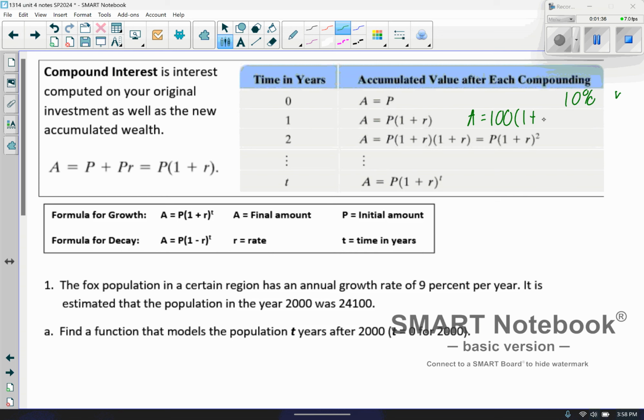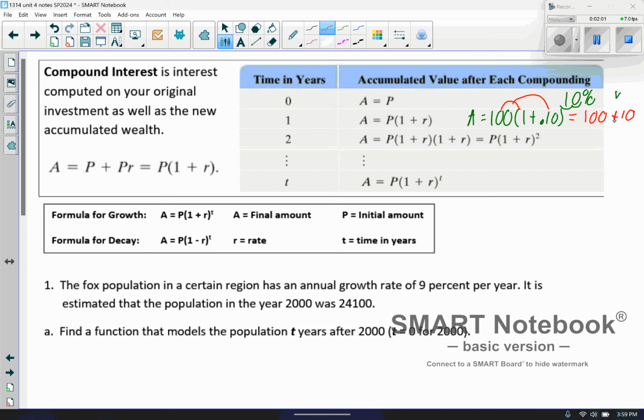What you want to do is move that two decimal places to the left whenever you have a percent. So it'd be 0.10. When it comes time to pay your loan a year later, you're going to pay $100 plus 10%, or 0.1, which would be $10. So you pay back the 100 plus $10, and now you owe $110 for that loan.